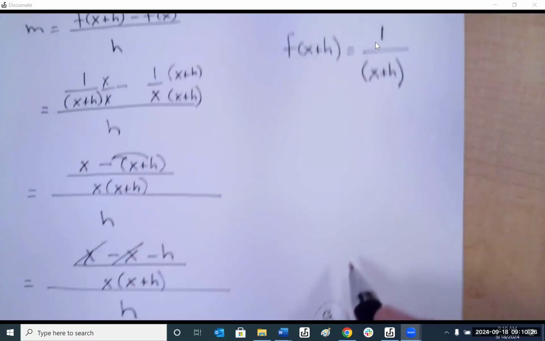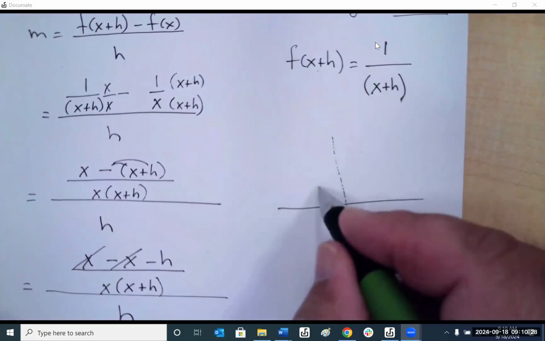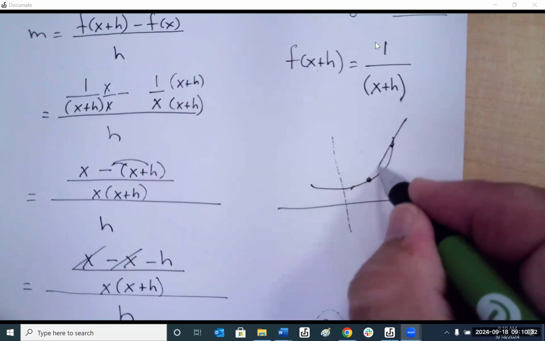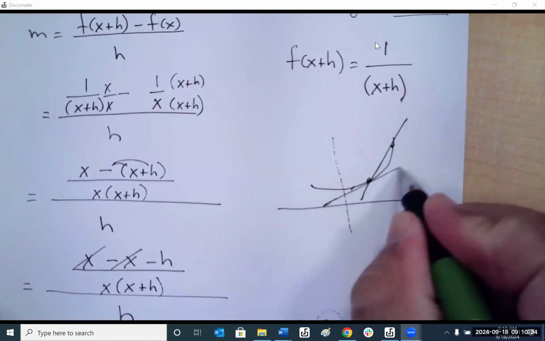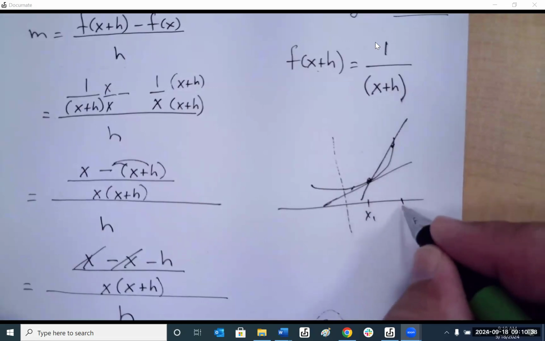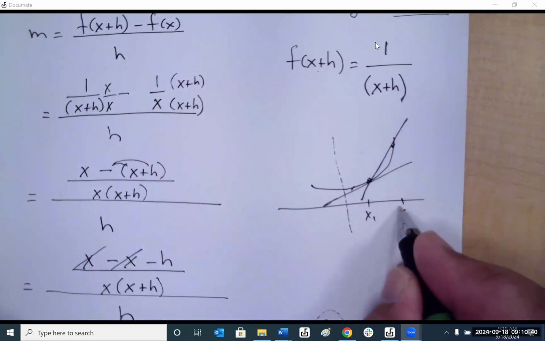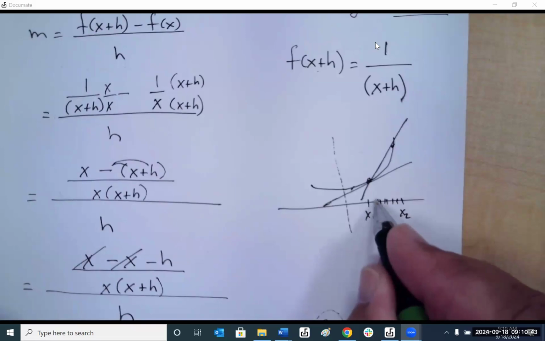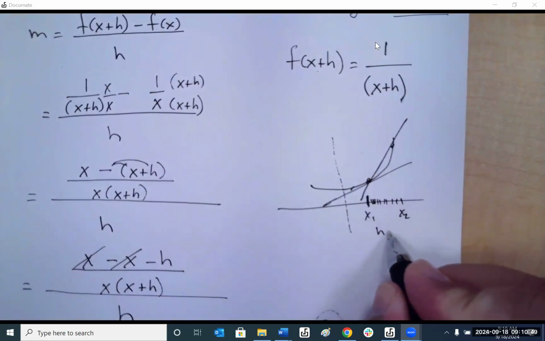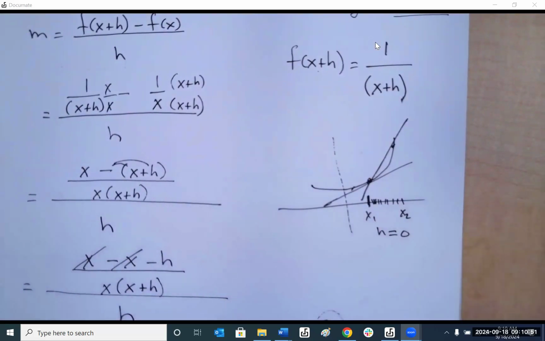Because if we're going to find the slope of a curve, we only want 1 point. So x1's here, x2's there. So this h gets smaller, closer and closer. Eventually, they become the same point. H becomes 0. x1 equals x2.